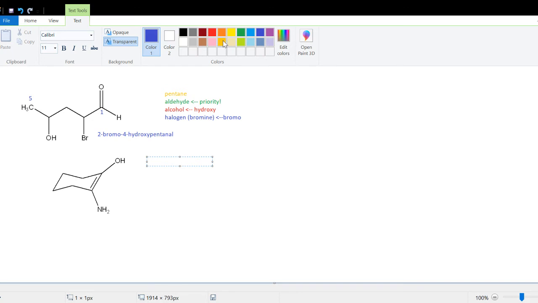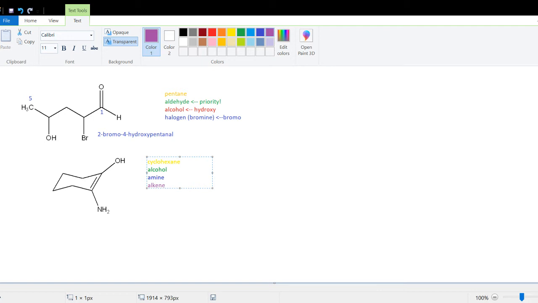So in this case, my parent chain is a cyclohexene, or if you want to, we can just call it cyclohexene for now. I need to think about numbering this. We have an alcohol, we have an amine, and we have an alkene.